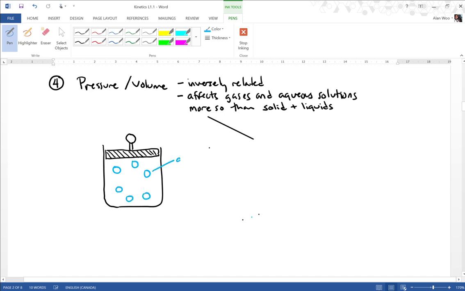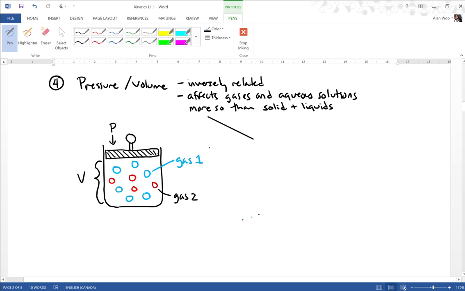Let's say this is gas 1, or reactant number 1, and we'll pick a different color for gas number 2. They don't have to be the same amount at the beginning, it really doesn't matter. So right now we have a little bit of pressure, but a lot of volume.